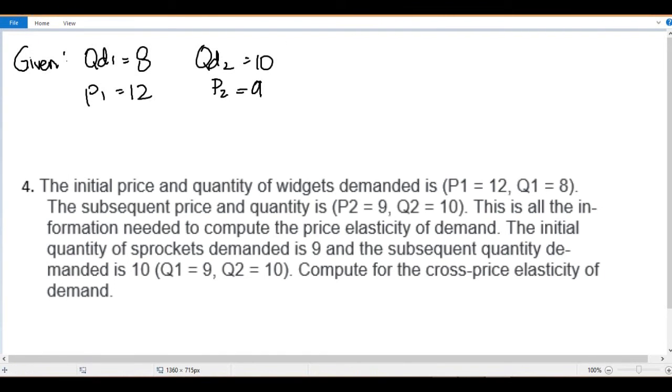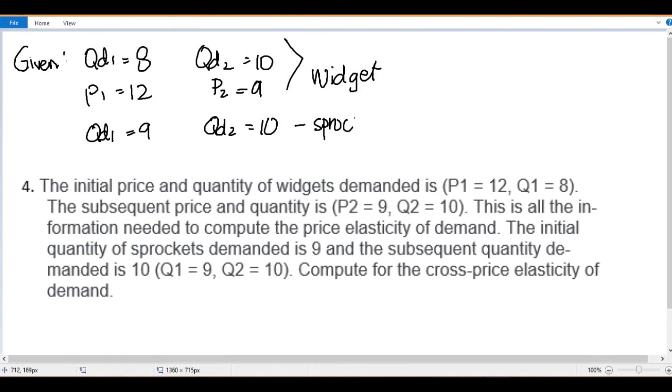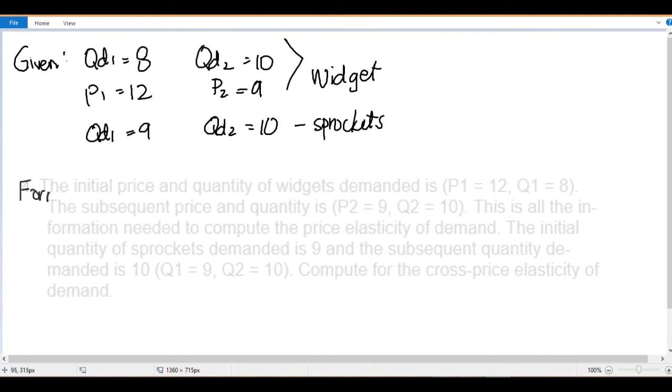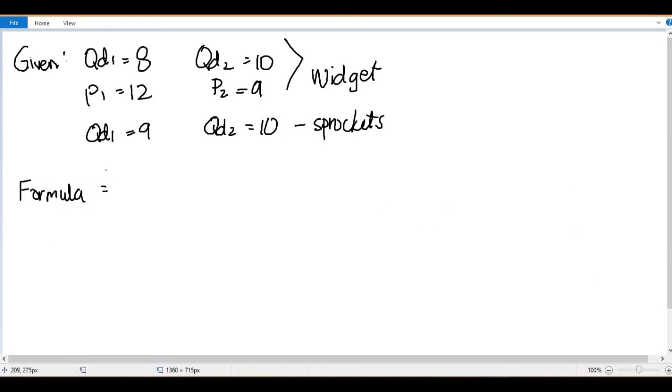Again, this is for the widget. Okay? Then, may subsequent information which is ang nabebenta daw before na sprockets is 9 and nabebenta ngayon is just 10. This is the sprockets. Now, we need to look for the cross price elasticity.